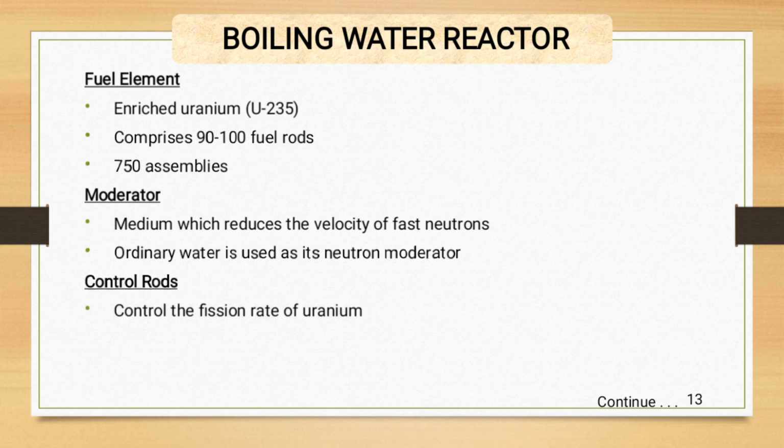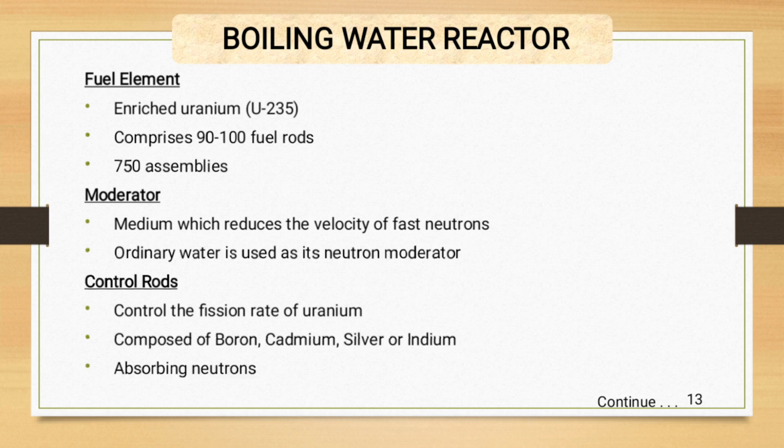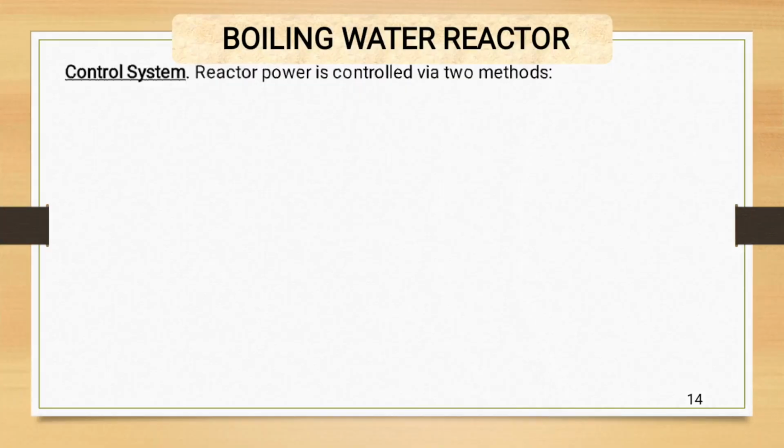Control rods control the fission rate of uranium and are composed of boron, cadmium, silver or indium. They absorb neutrons. The excess neutrons are absorbed by the control rods, used to reduce fissioning or shut down the reactor. Boiling water reactors use a control system to control the reactor power by two methods.